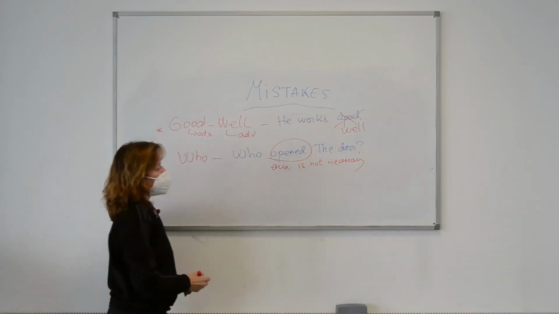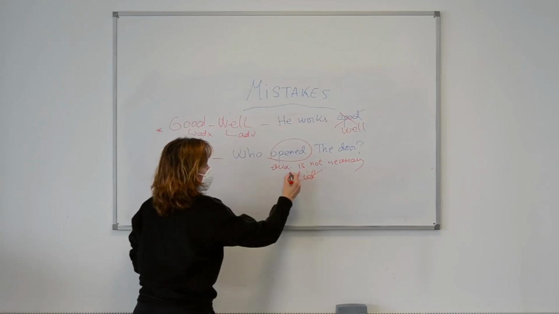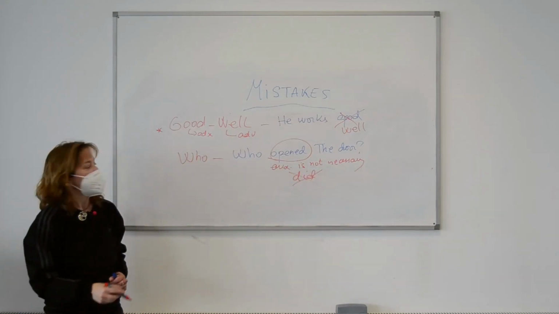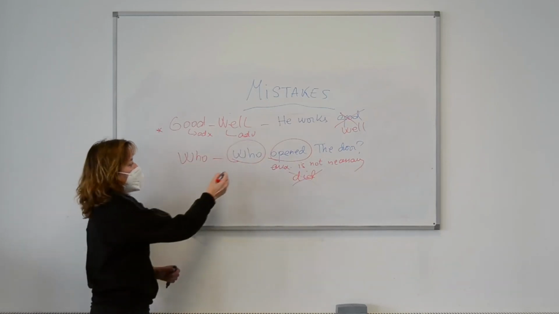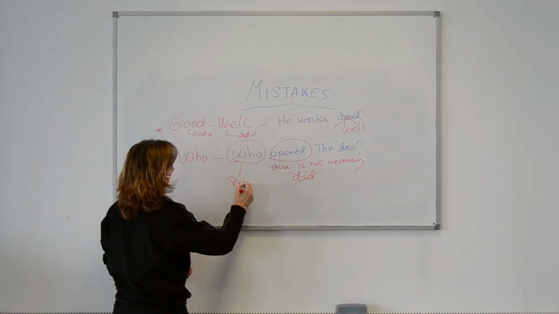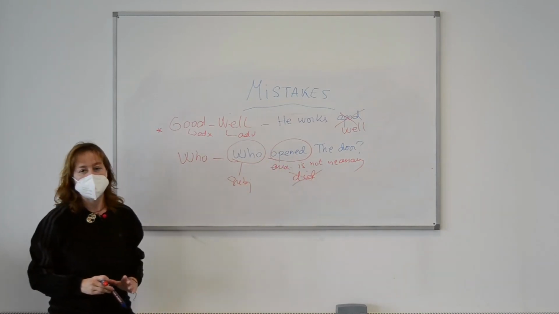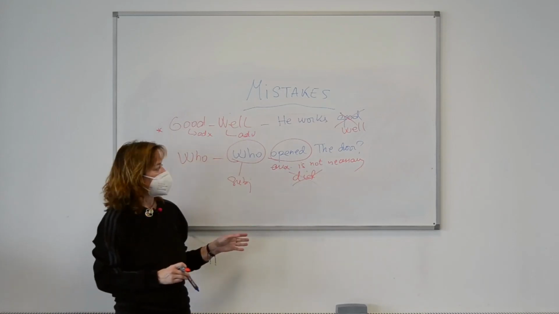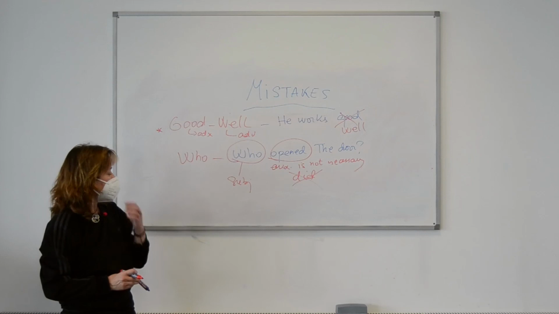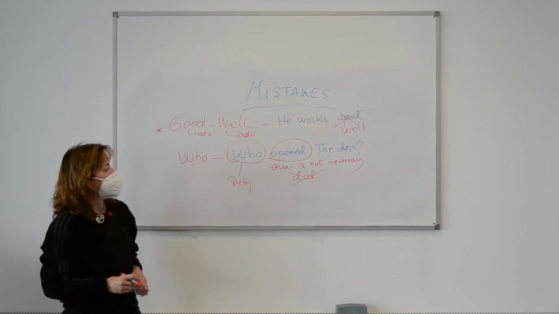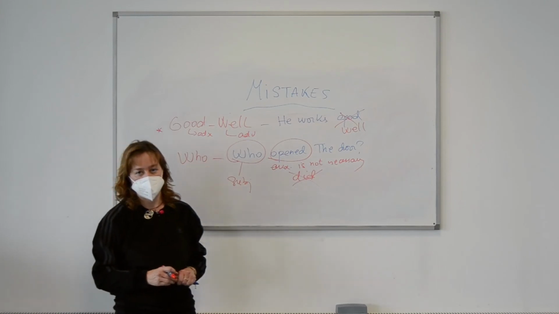The past auxiliary did is not necessary. Why? Because the question word is the subject, and in this case, the auxiliary is not necessary to create the question, okay? This is quite common with the question word who, because it functions as the subject and it refers to persons.